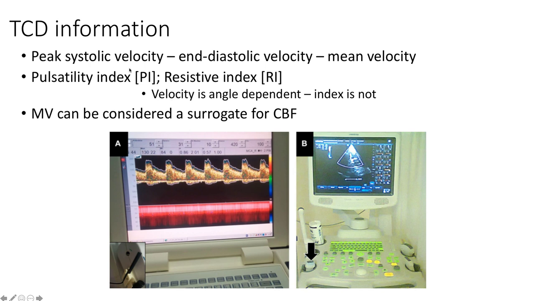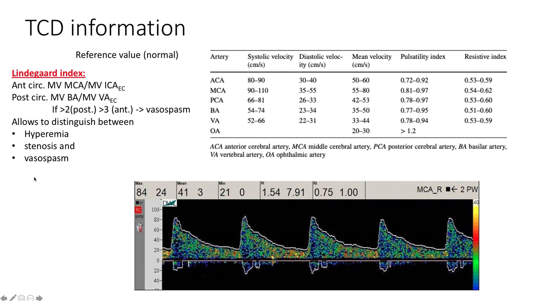Velocity, what you measure here, is angle dependent, but as soon as you put it in the index, it is not. The mean velocity is reported as a surrogate for cerebral blood flow. So your TCD report includes all the information.